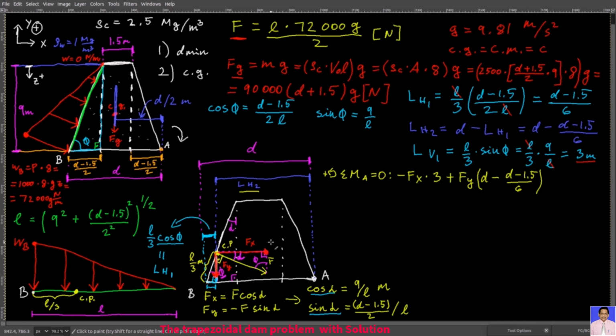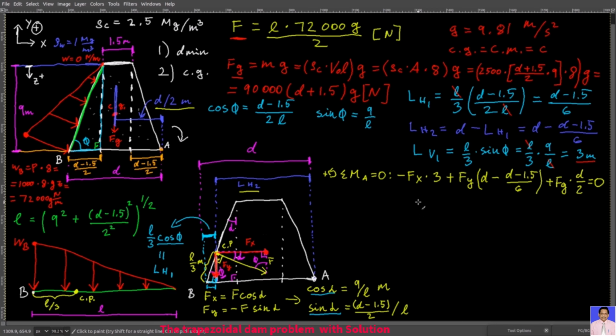That will give you a counterclockwise moment about point A, plus, and then you take your force of gravity that you have here and multiply it by its moment arm, which is d over 2 meters. So Fg times d over 2. That's a counterclockwise moment about point A, and I will equate that to 0.